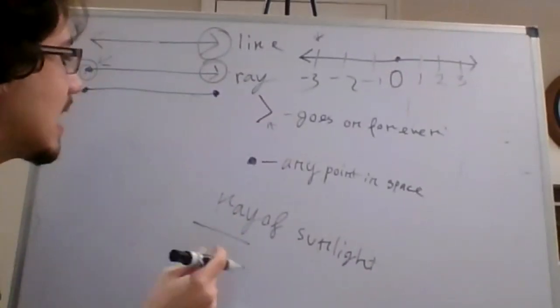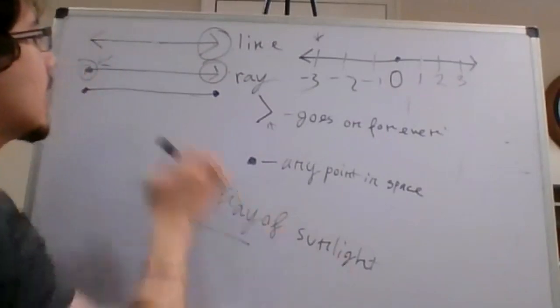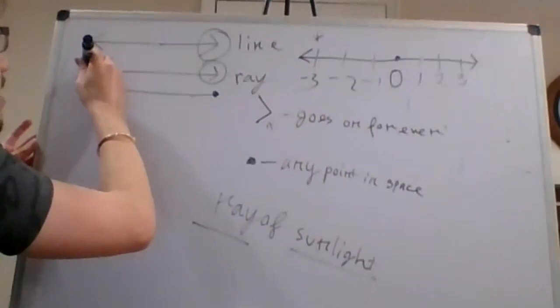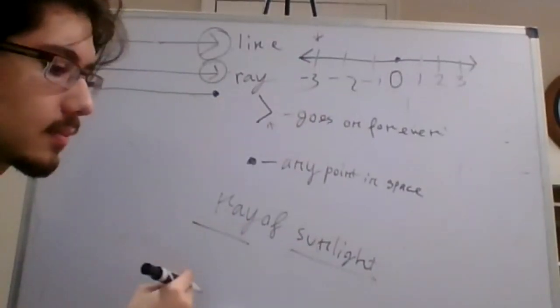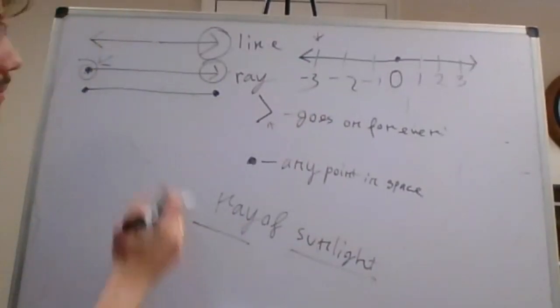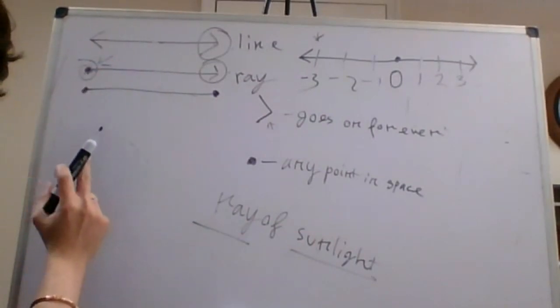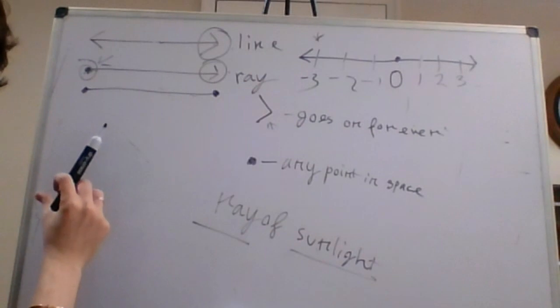If the ray of sunlight describes sunlight moving in a ray, what do you think that this point will be? Mr. Nathan.